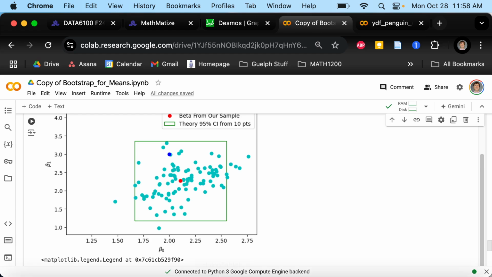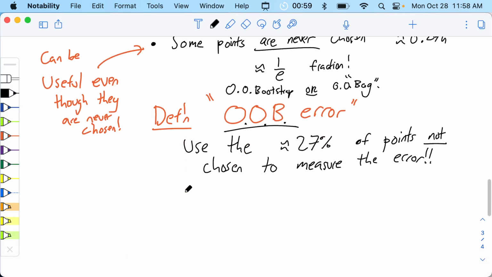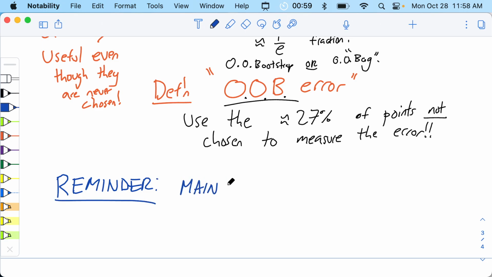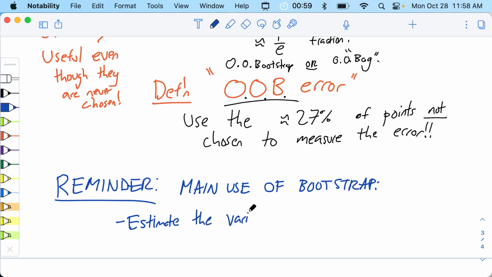So, okay. Let's do a little reminder. Reminder. The main use of the bootstrap is to estimate the variability, so how much things would change.